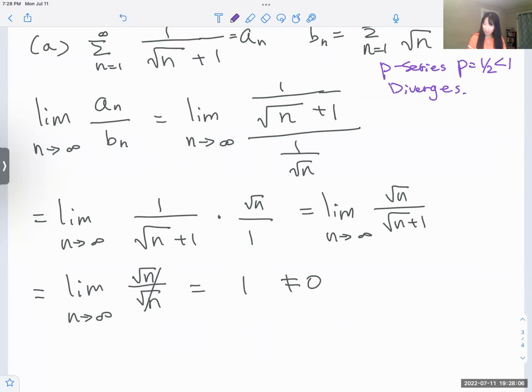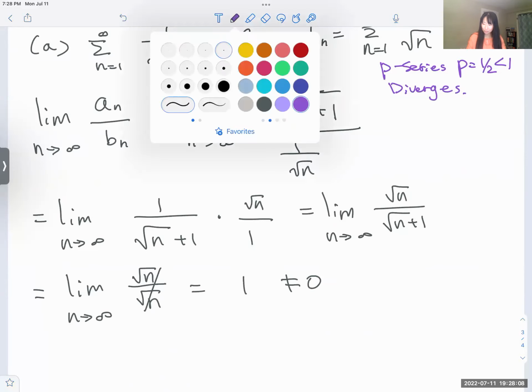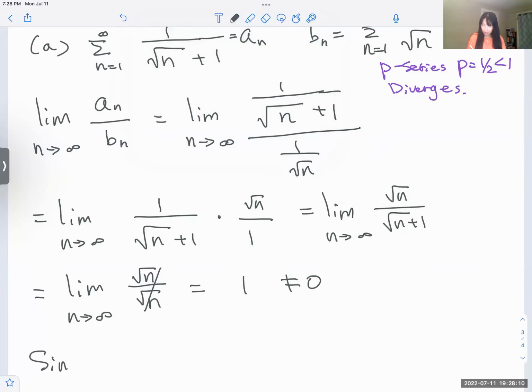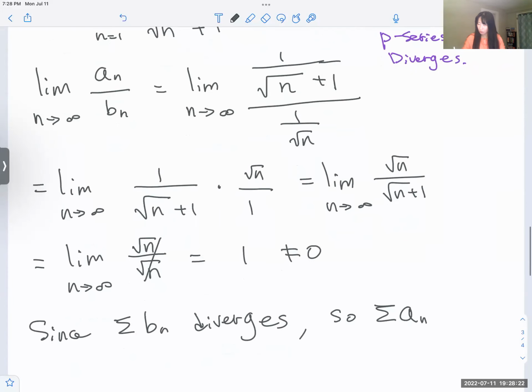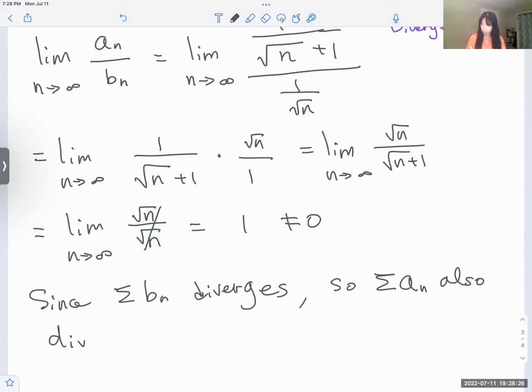So we're going to say that since the series B sub n diverges, the series of A sub n also diverges by the limit comparison test.